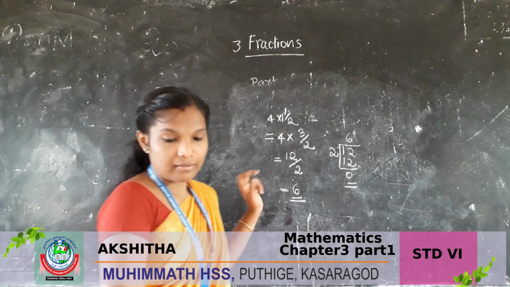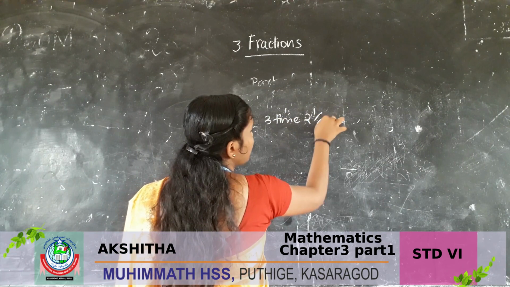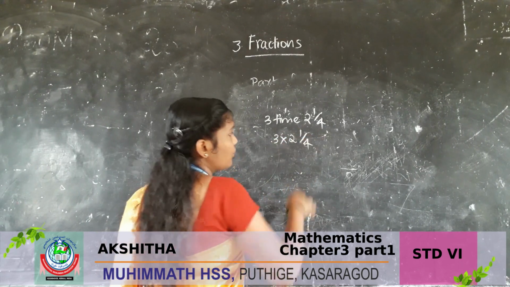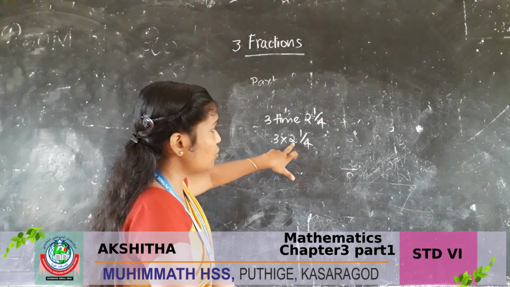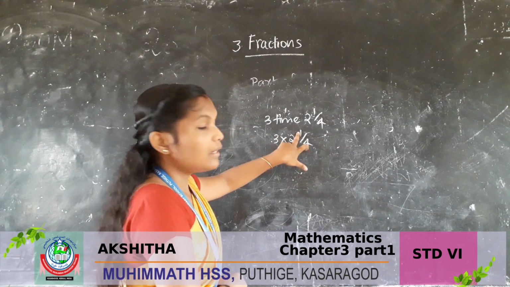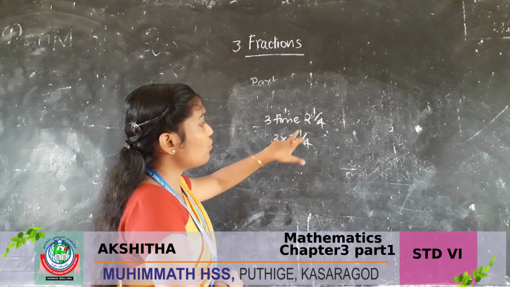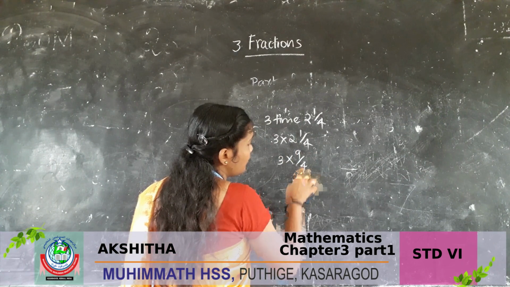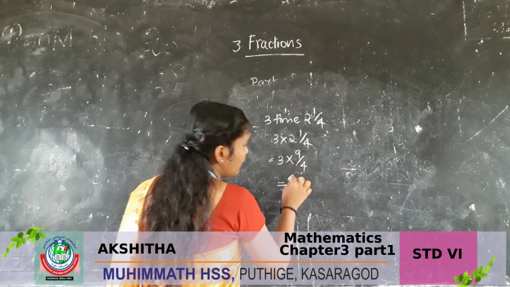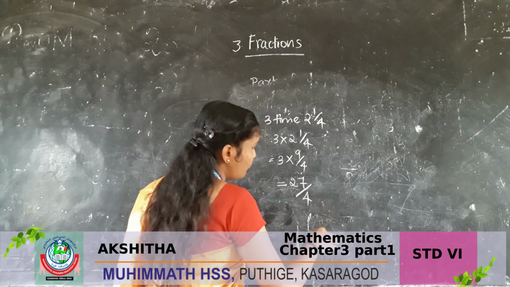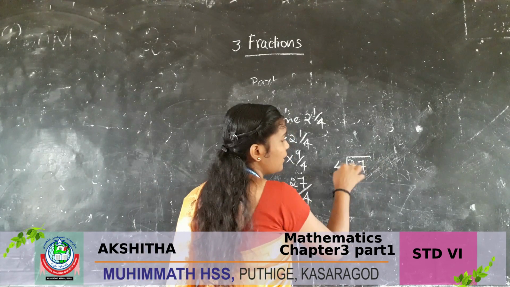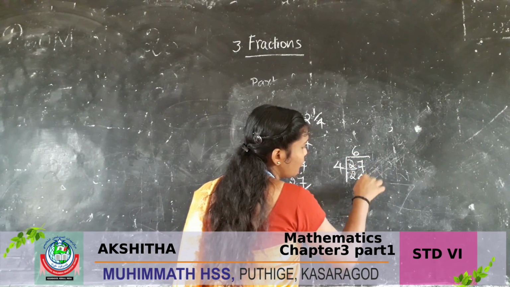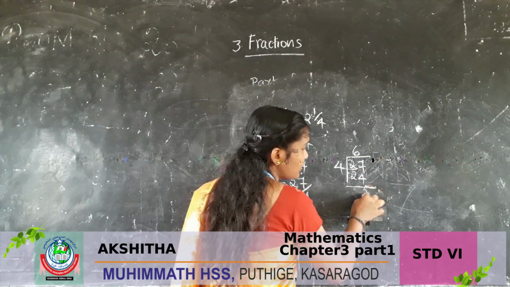Is it clear? 3 times 2 1 by 4. How can we write the answer? 3 into 2 1 by 4. Here also we should multiply first. 4 into 2, 8. 8 plus 1, 9. So 2 1 by 4 we can write as 9 by 4. 3 into 9 by 4 is equal to 3 into 9, 27. 27 by 4. What is the answer? 4, 6 times 24. 27 minus 24 is 3.